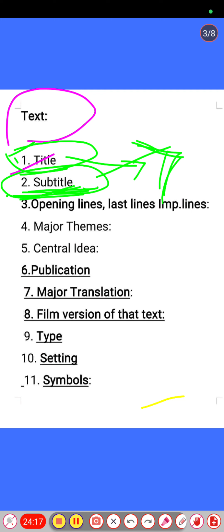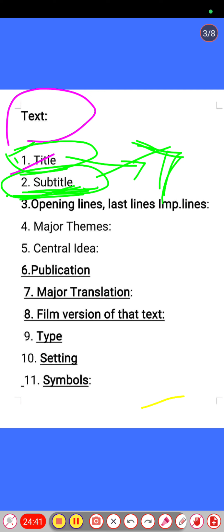She is raising that standard of purity, apart from the societal belief that is there during the Victorian era, okay. So title and subtitles, you have to understand the meaning of it and its relation to that particular text, okay.